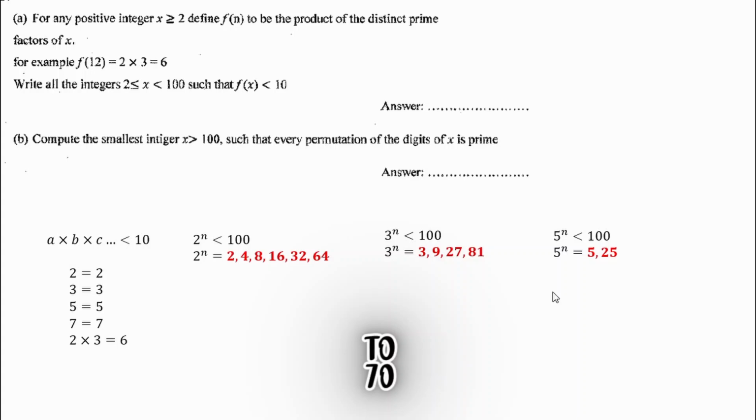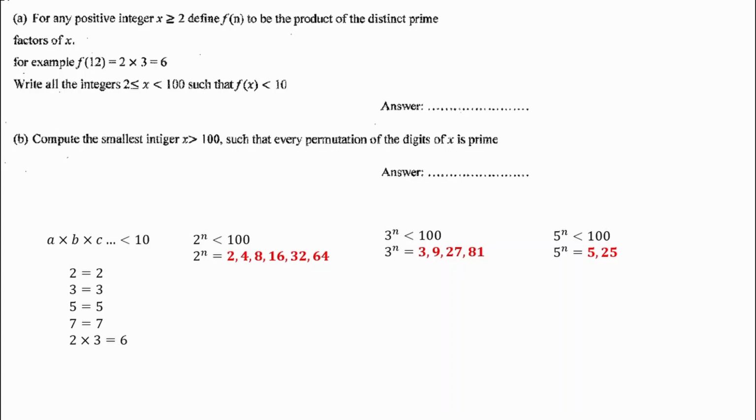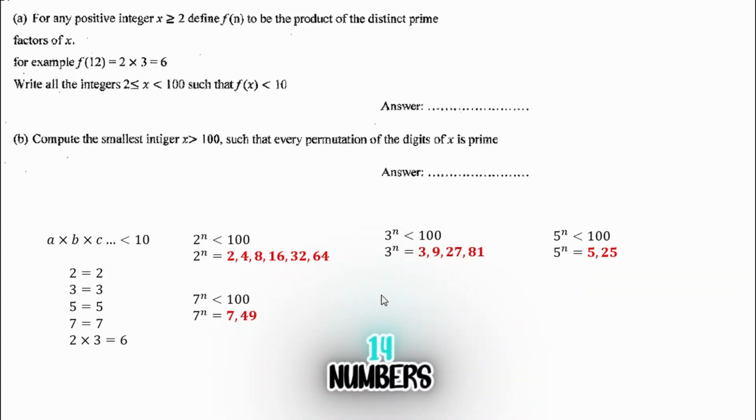Now we're moving on to 7 to the power n, which particularly has 2 numbers, which are 7 and 49. And now we have 14 numbers, but still we have one last product, which is 2 times 3, which has a value of 6.